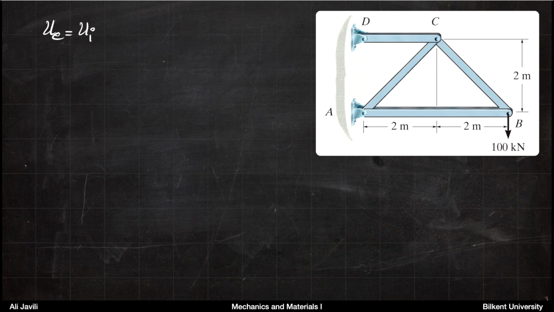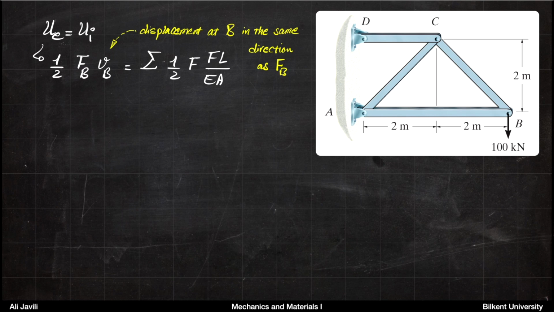The internal energy, on the other hand, is the sum of the internal energies of all the members. So the external energy here is 1/2 of FB times VB, as we just discussed, and then VB is displacement at B in the same direction as force FB.